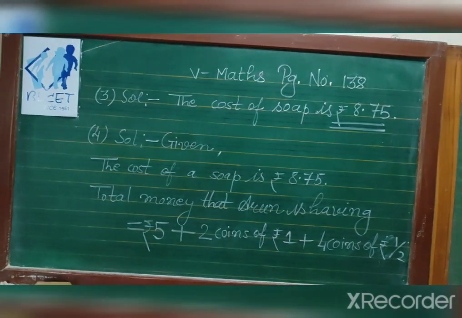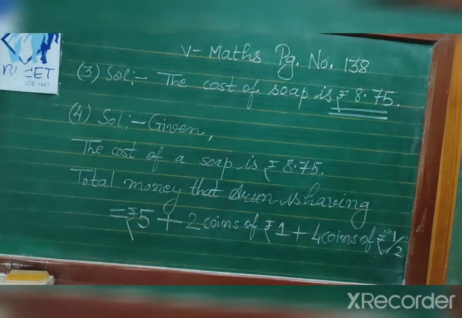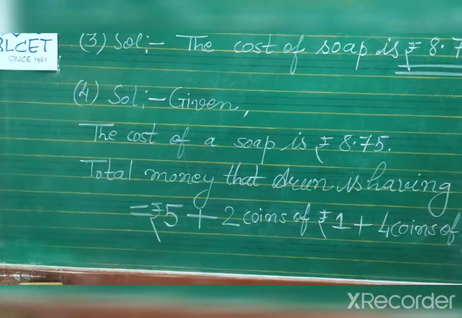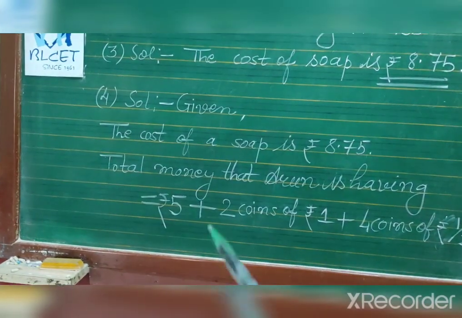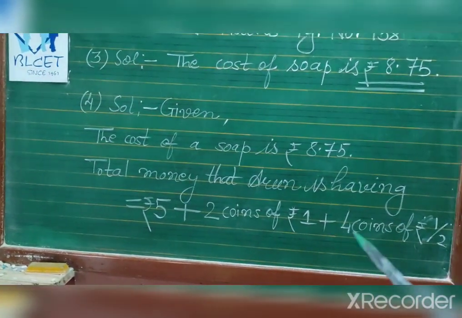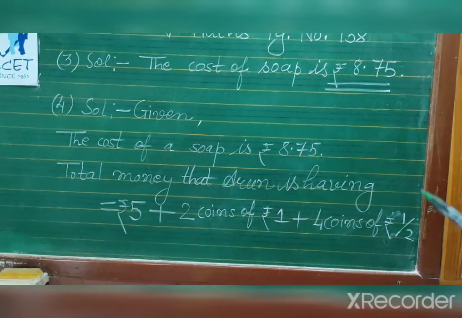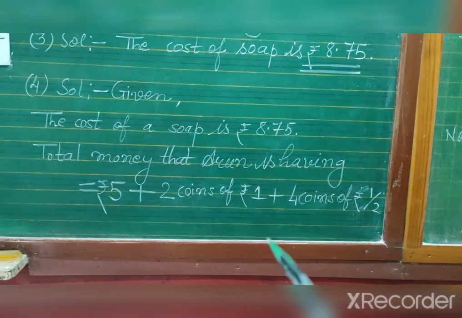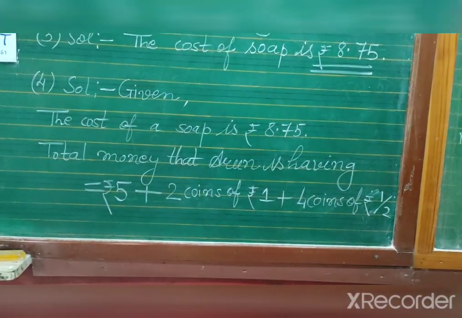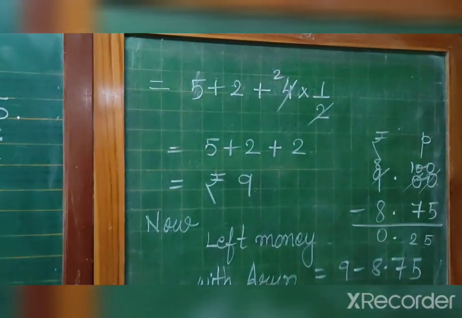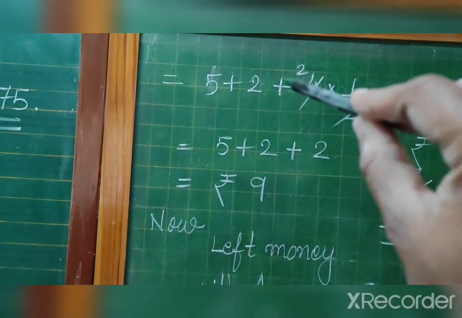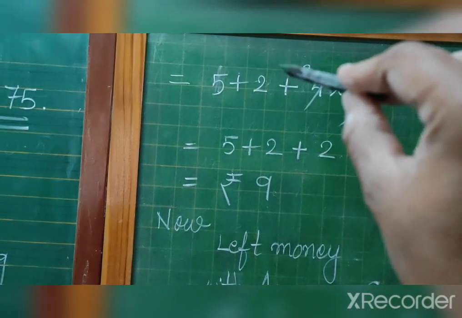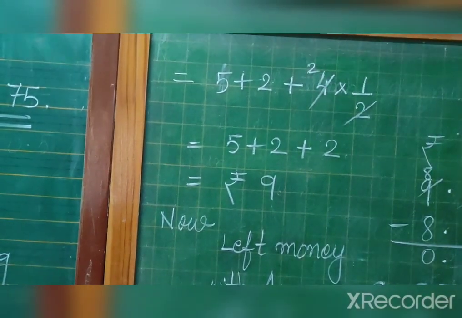Now see here, the cost of a soap is given as rupees 8.75. Total money that Arun is having: rupees 5 plus 2 coins of rupees 1 plus 4 coins of rupees half. That means we will do multiplication. So rupees 5, plus 2 into 1. I forgot to write 2 into 1 here, but you will write it here, then only you will get the idea.